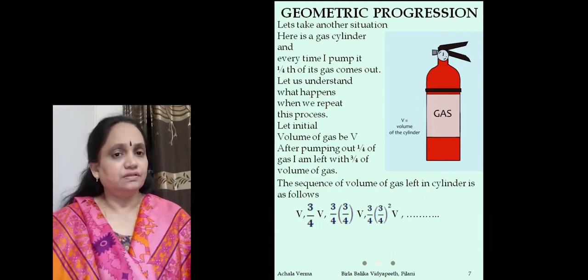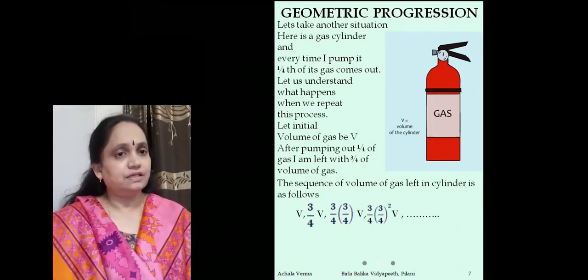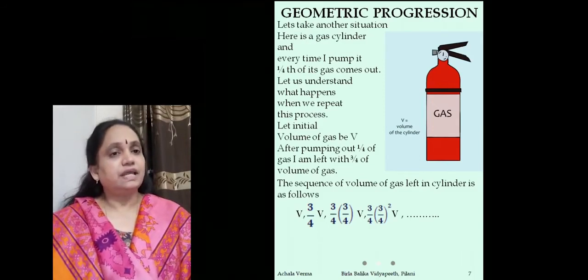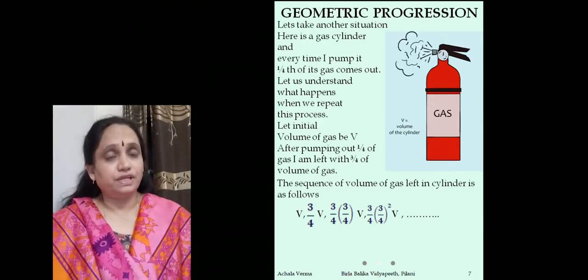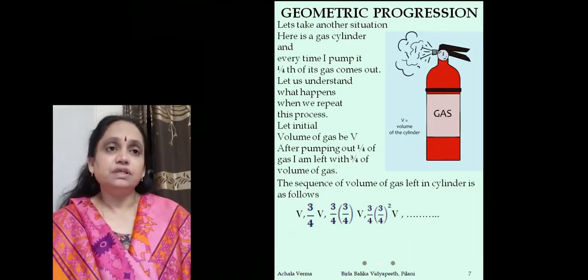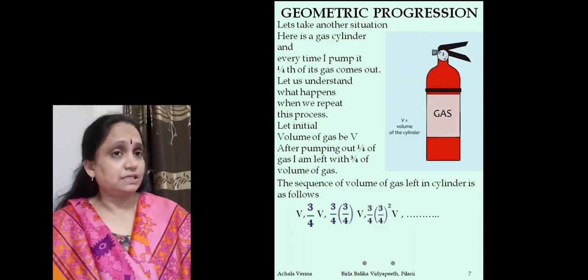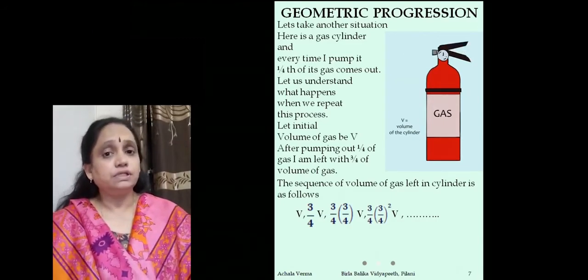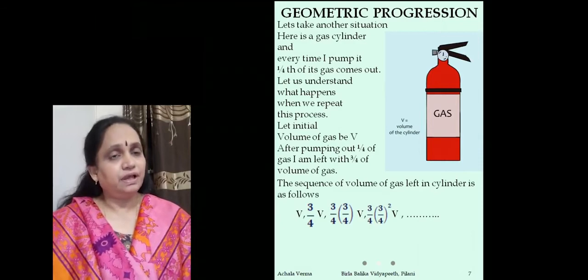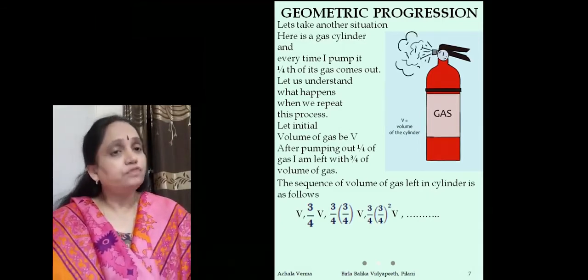It would be V, that is the original volume of the gas in the cylinder. Then the second term would be 3/4V, because I pumped out 1/4 of the gas, so I am left with 3/4 of the volume of the gas. Now 3/4 of the volume of the gas is occupied in the whole cylinder. And when I pump it again, 1/4 of this is gone out and I am left with 3/4 of the 3/4 of the volume.